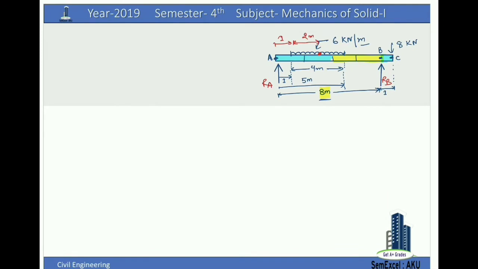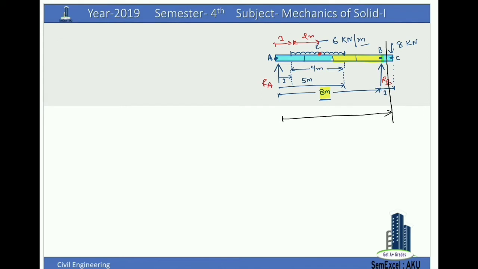Now we will take one segment at the extreme end. Here the extreme end is BC. So let's take a section here in BC.